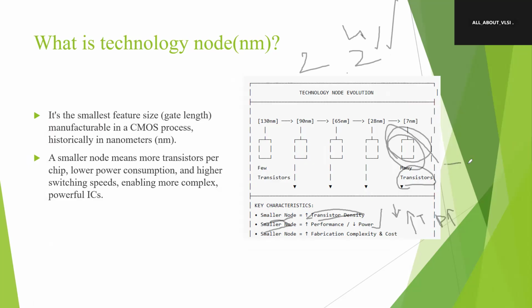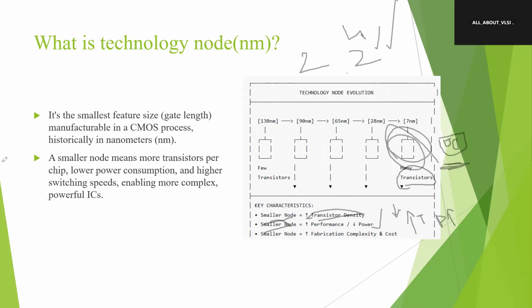So as gate length decreases, our gate capacitance also decreases, right? And after that, we are having shorter wires also. When we are placing transistors near each other, our routing resources also decrease, right? That's why power also decreases.